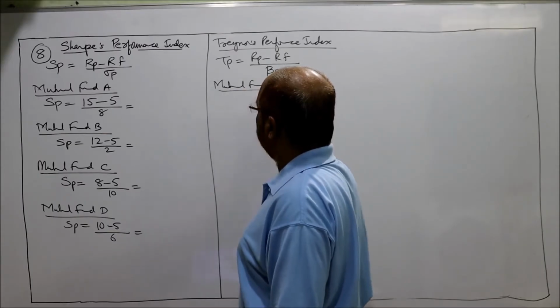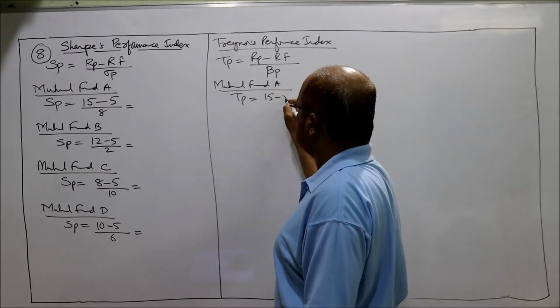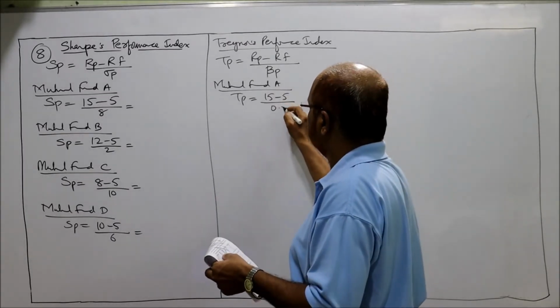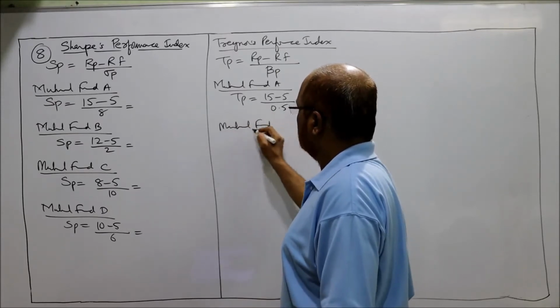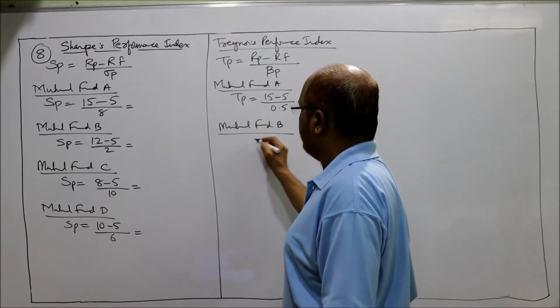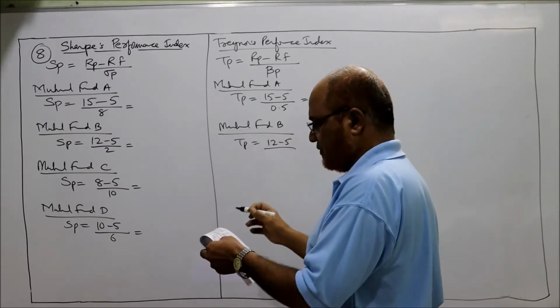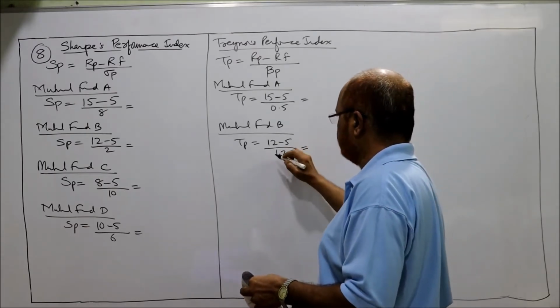Mutual fund A. 15 minus 5 divided by beta is 0.5. Mutual fund B. 12 minus 5 divided by beta is 1.25.